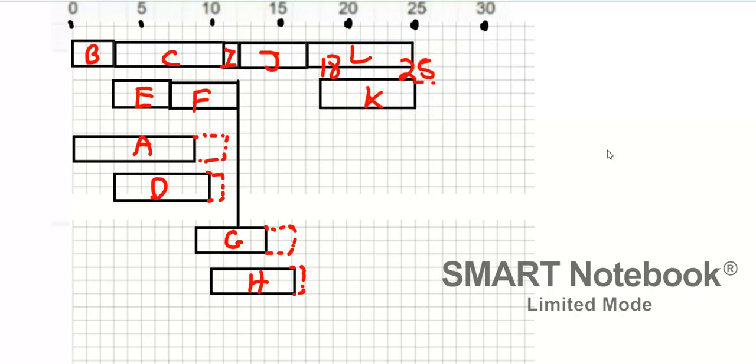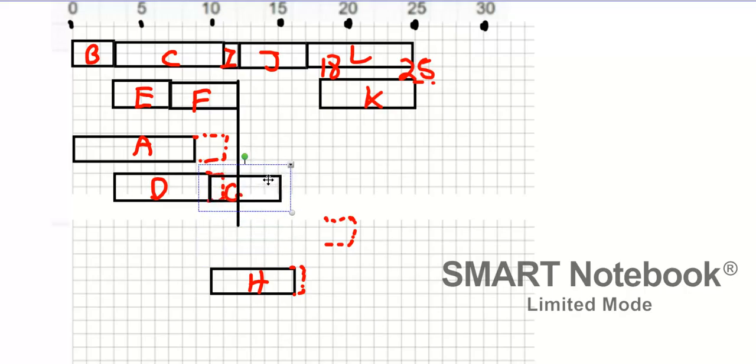Okay. Now, I could put D and G together, could I? D and G. Move G slightly this way, and then link it up. Okay, gonna drag that up there. Happy with D and G? Okay. Now, what about the next one?